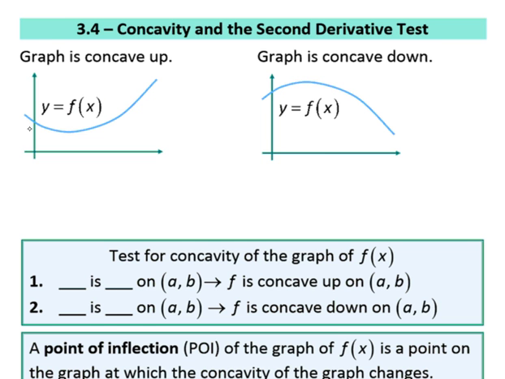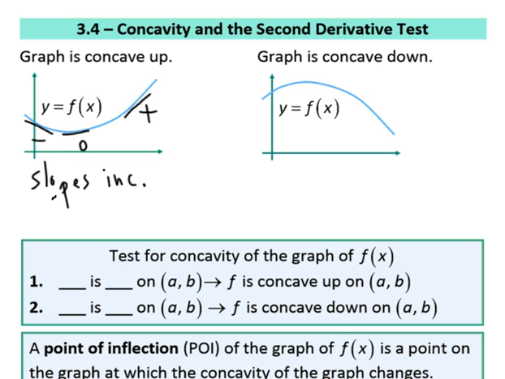pictorially. If you look at the function and think about its slopes, on this one, I have a slope of negative. Then here I have a slope of about 0, and then a slope of positive. So if I'm going from negative to 0 to positive, then the slopes are increasing. The function itself is not necessarily increasing, but the slopes are increasing.